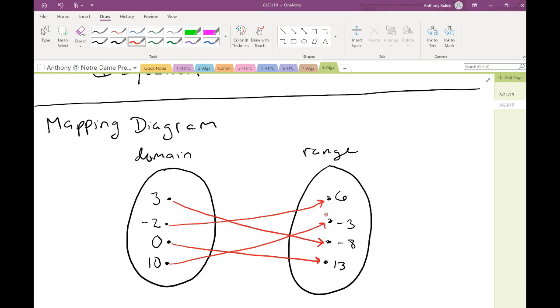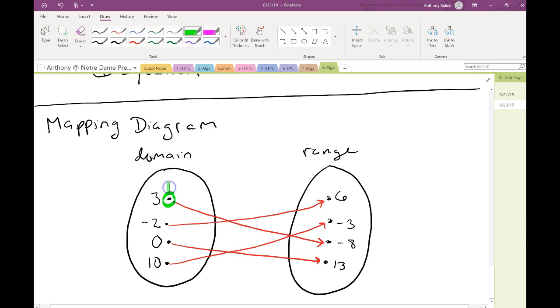What we're going to ask is, this mapping diagram is a relation, is this relation also a function? If we go back and look at our definition for a function, it says that every member of the domain needs to be used. So let's check that first.